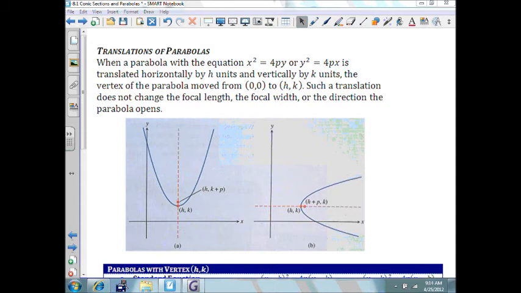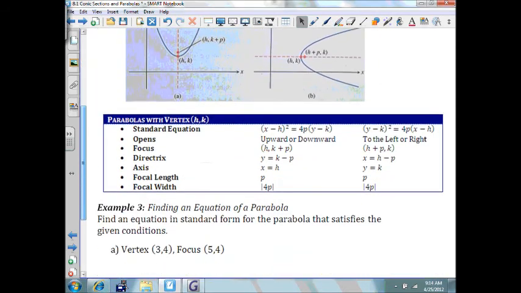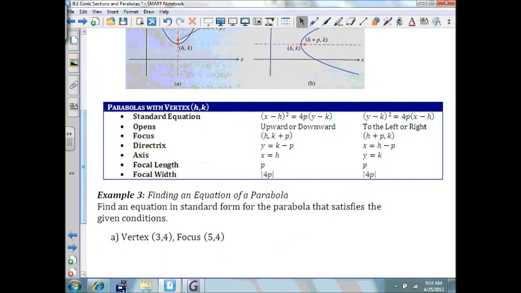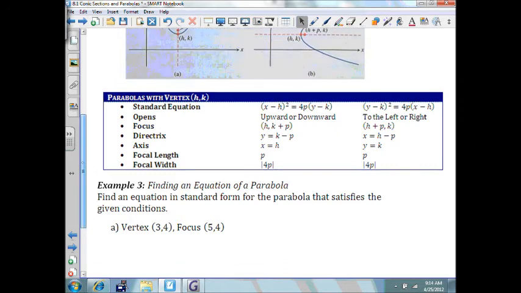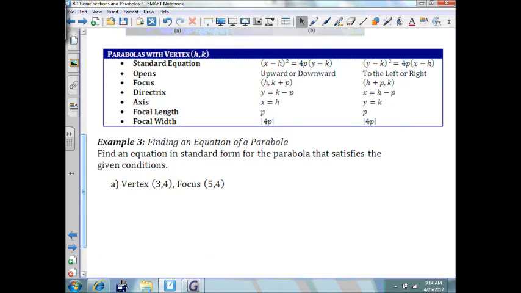Such a translation does not change the focal length, the focal width, or the direction the parabola opens. It's just going to change where the vertex is. It's also going to change our focus and the equation of the directrix. Again, here's a chart that we can use to help us figure these things out.